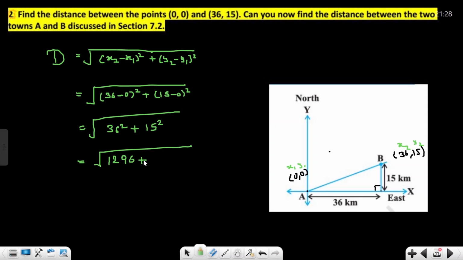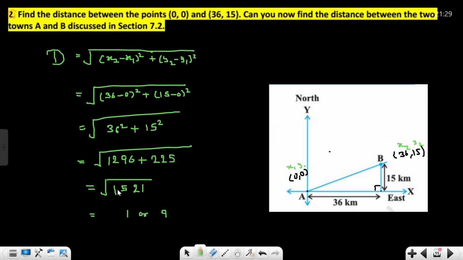1296 plus 15 square is 225, and when you add, what do we get? 5 and 6, 11, and 1 carry 1, and 9, 10, 10 into 12, 1 carry 2, and 2, 4, and 5, 1, so the unit digit is 1. It means the square root term has unit digit 1 or 9.